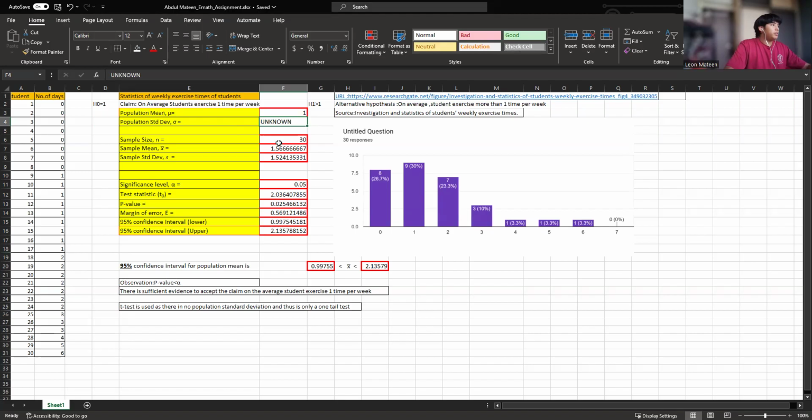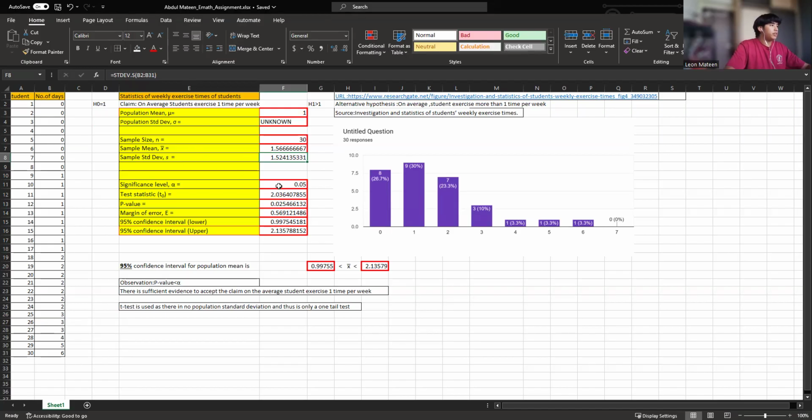For my sample size, I use the Excel formula COUNT A1 to A31. Then for my sample mean, I use the formula AVERAGE B2 to B31, and sample standard deviation being STDEV.S B2 to B31. It's S because this is a sample.